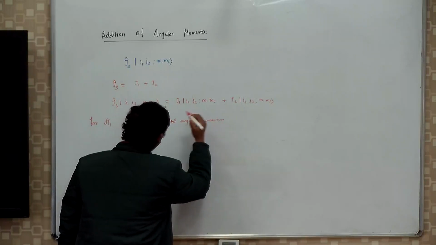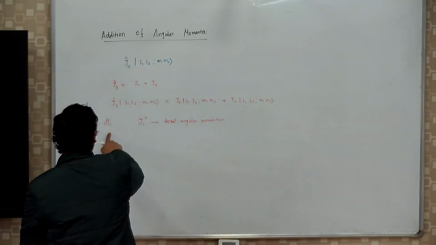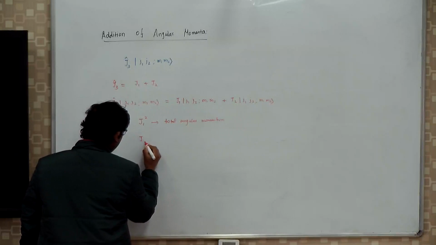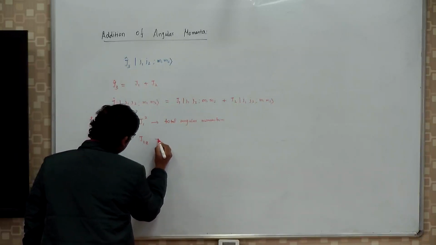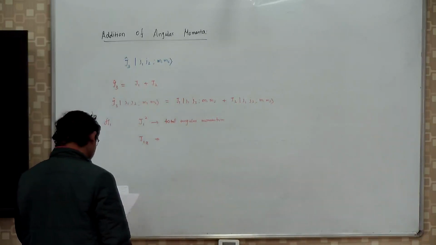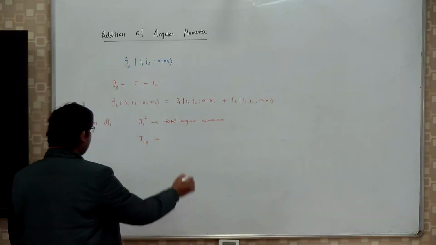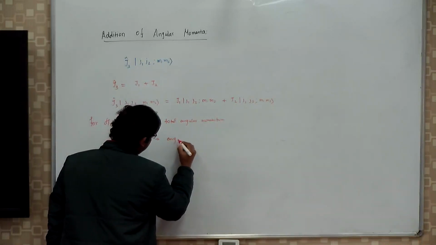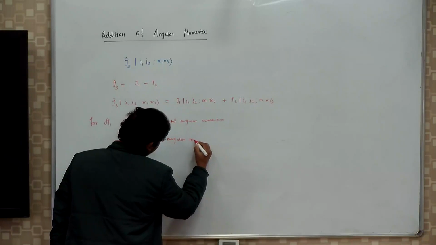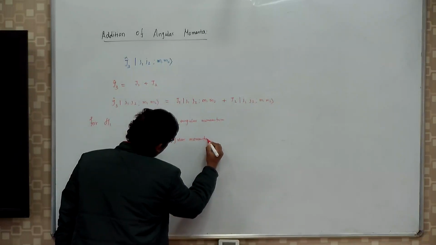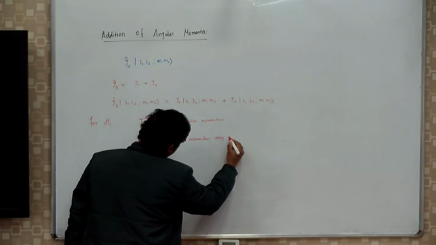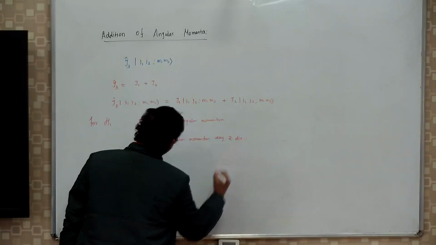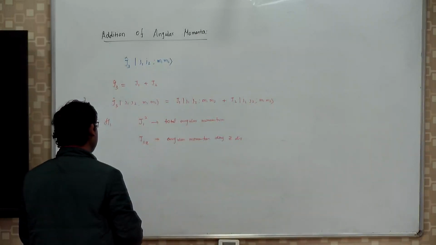Then J1Z is nothing but the angular momentum along the Z direction. This is for the H1 subspace.